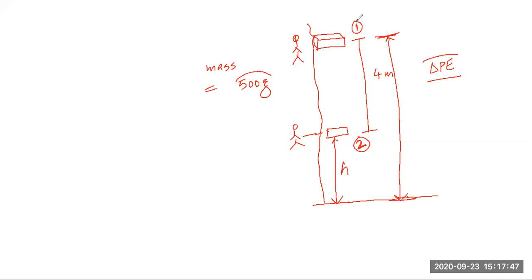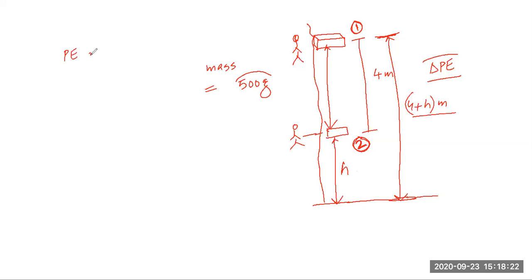From position 1, the body is dropped to position 2. This height is h and this height is 4 meter. So what is the total height? It is 4 plus h meter.